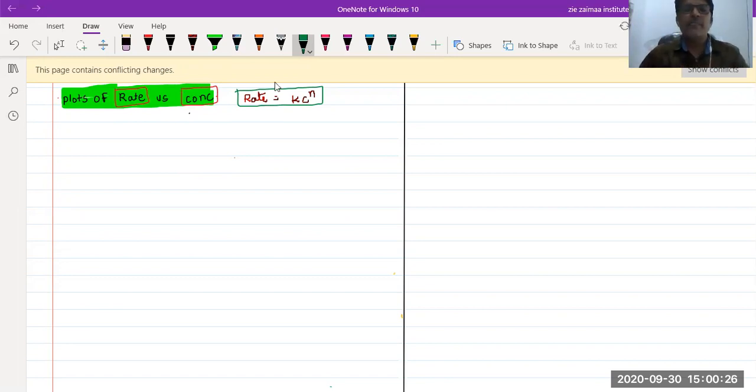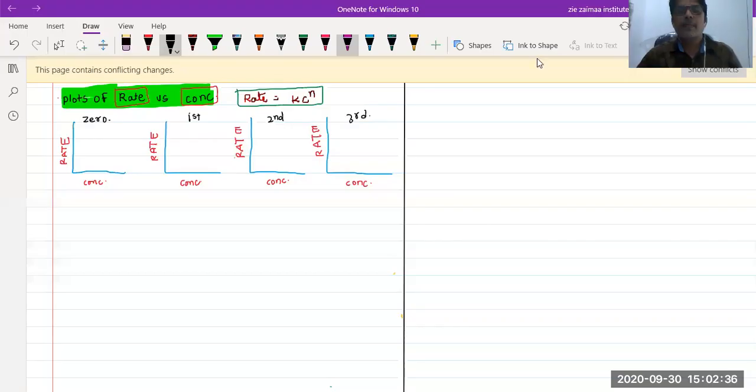Okay, now see. Just to save time, I have written it like this. These are the plots we are going to draw between the rate and the concentration. For the zero order, the rate line will be parallel to the concentration axis.